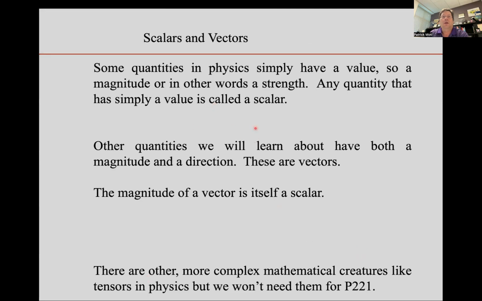All right, let's talk a little bit about the types of mathematical quantities that we're going to be using in this class. There are quantities in physics that are just a value. They're not associated with any sort of direction in space. So I imagine putting a thermometer down in different locations in my office.